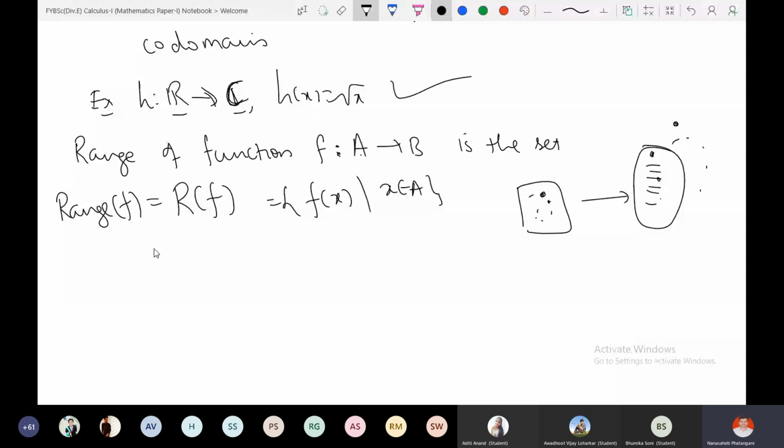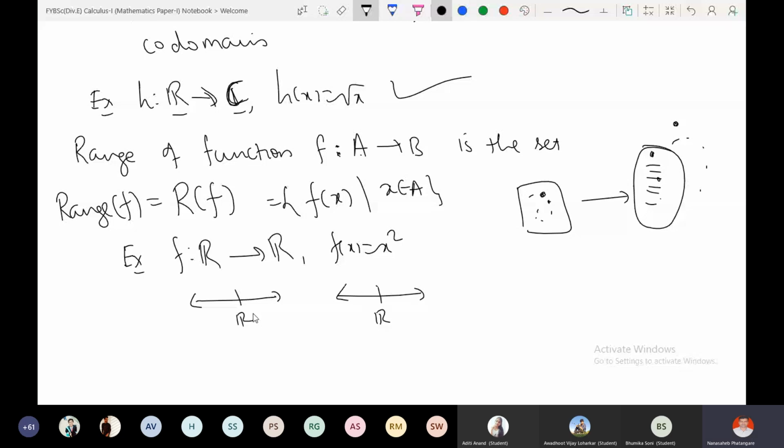Therefore, if I define a function f from R to R, f(x) is equal to x squared. The domain is the real numbers and the codomain is also the real numbers. But if you choose any real number and apply this function, we get a square, and all squares are on the positive side only.